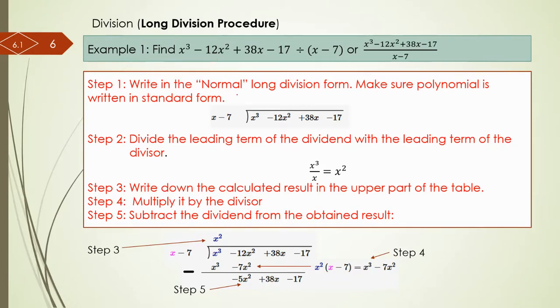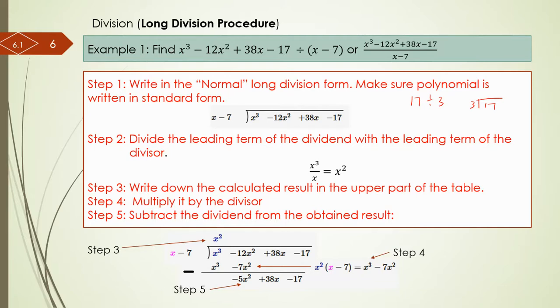The first example: you want to divide x cubed minus 12x squared plus 30x minus 17 by x minus 7. Remember, just now we said 17 divided by 3, so our 17 is inside and 3 is outside. Same thing here: x cubed is inside and x minus 7 is outside.